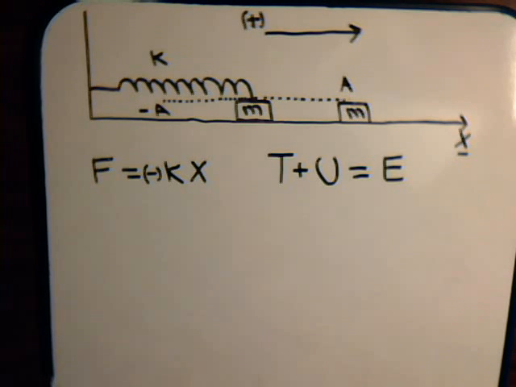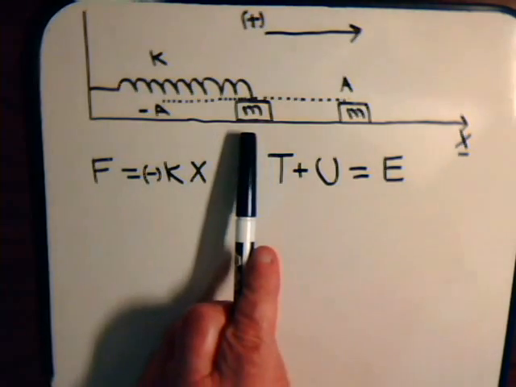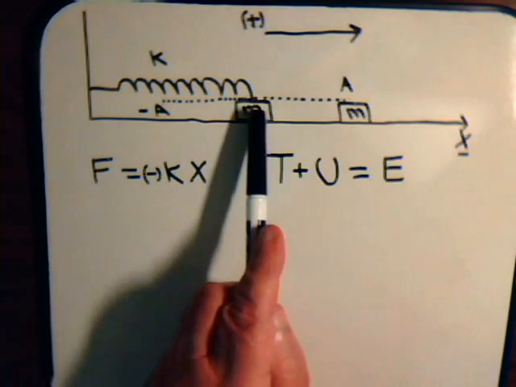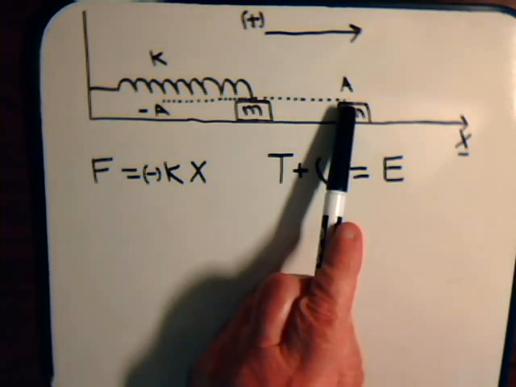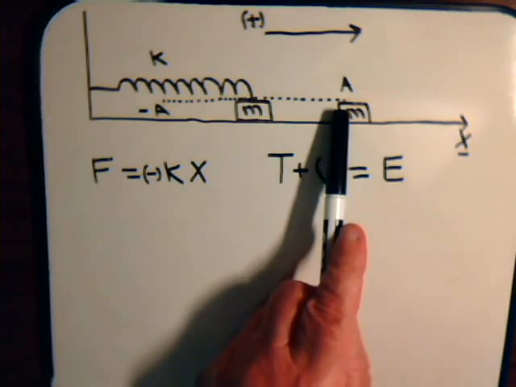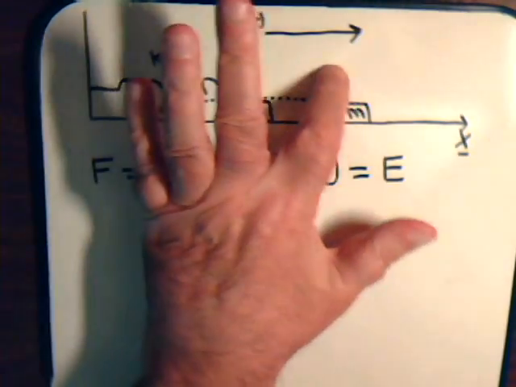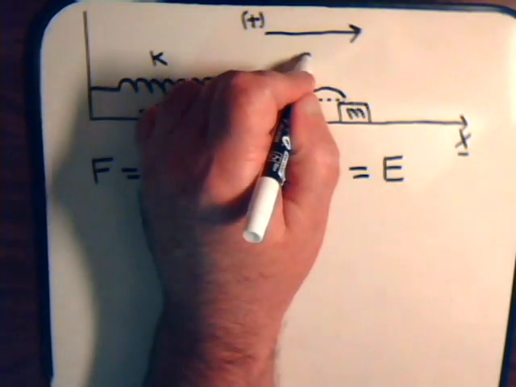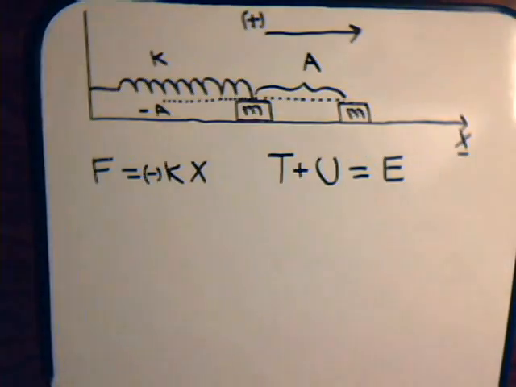So here we have a spring, and there's a small mass attached to it. We imagine that we pull the spring out at some distance, which we'll call A, and then we release it.